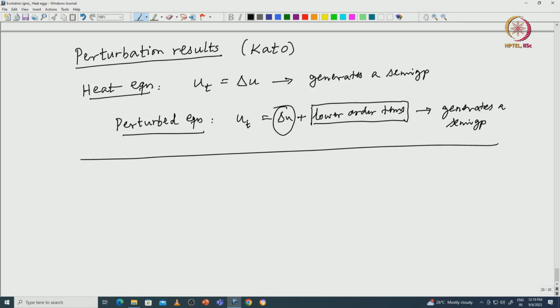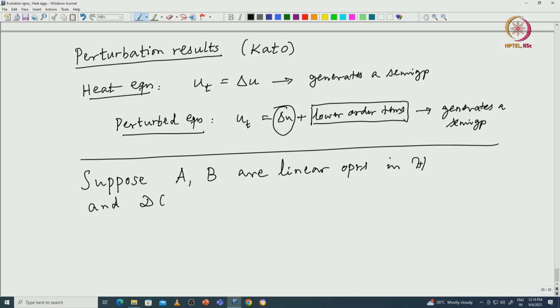Okay. Suppose A and B are linear operators in H. Okay. So, let us continue the discussion in Hilbert space, and assume dA is a subspace of dB. Okay.